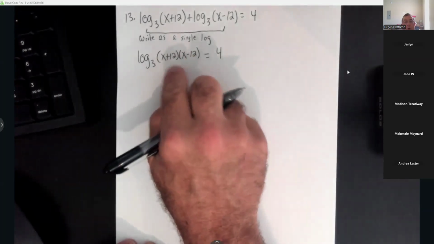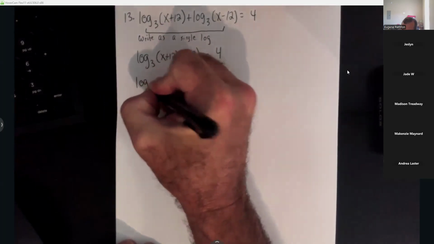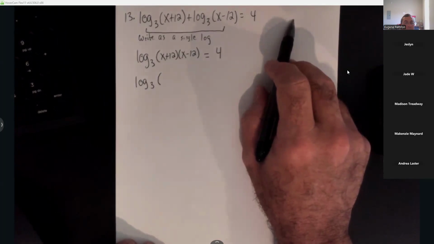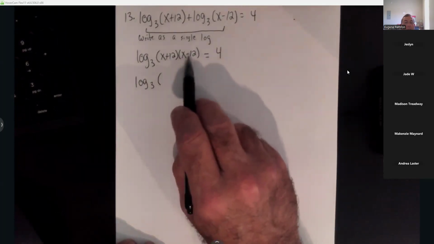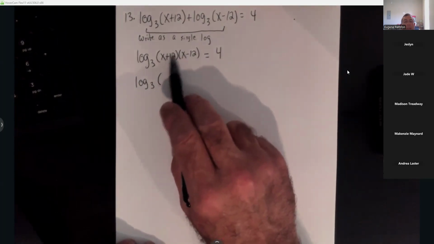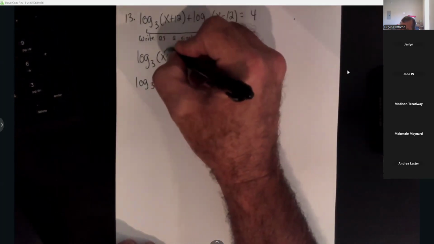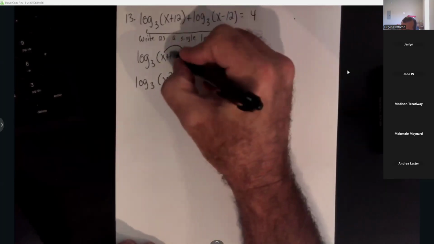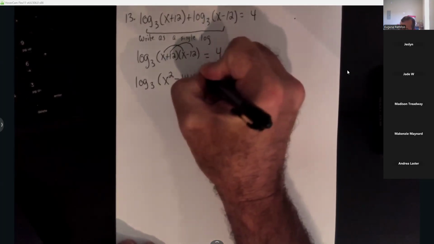Now, I usually go one more step on these and multiply that out. Now, you can FOIL this on the side if you want to, but y'all, I'm going to tell you a little trick. These are conjugate pairs. You got x plus 12, x minus 12. Anytime you got conjugate pairs, you can shortcut and do x times x, which is x squared. And then 12 times negative 12 is a negative 144.